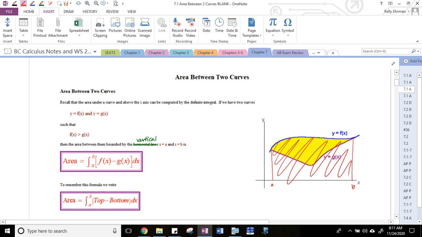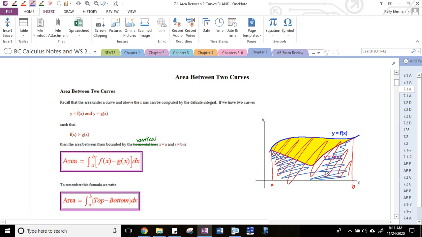All of this. If I want just the area between f of x and g of x, all I would really have to do is find the area between f of x and the x-axis, find the area between g of x and the x-axis, and if you subtract out those areas, you should be left with the yellow portion, right? So that kind of logically makes sense.